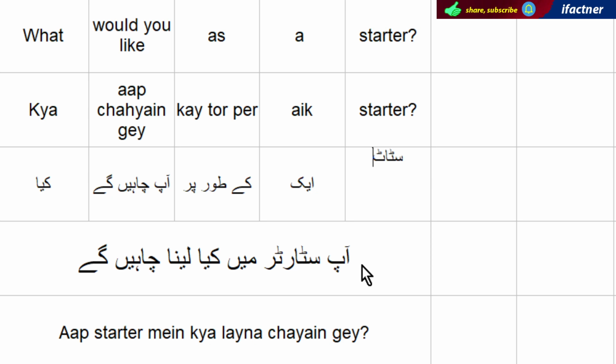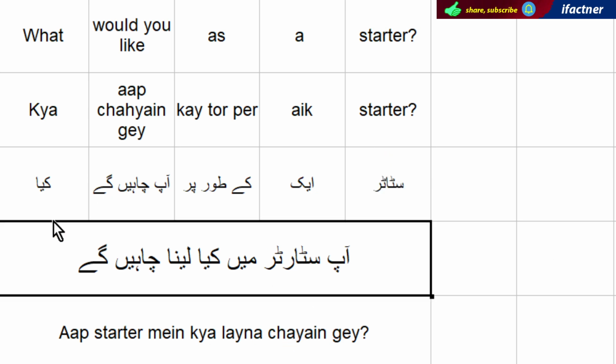So if we translate the English sentence literally, then it is क्या आप चाहेंगे के तौर पर एक starter. But in Urdu usually we start with the subject आप, object starter, में क्या question word, लेना चाहेंगे verb form. आप starter में क्या लेना चाहेंगे? What would you like as a starter?